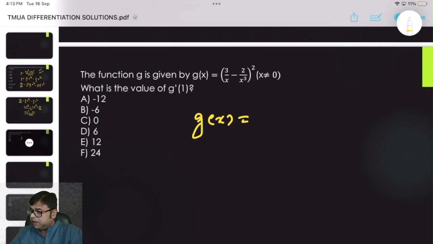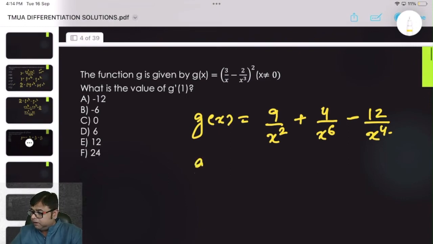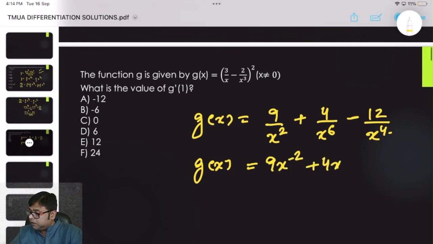So g(x), if I apply (a minus b) whole square, I'm going to get 9 by x square plus 4 by x to the power 6 minus 12 by x to the power 4. This in return will give me 9x to the power minus 2 plus 4x to the power minus 6 minus 12x to the power minus 4.